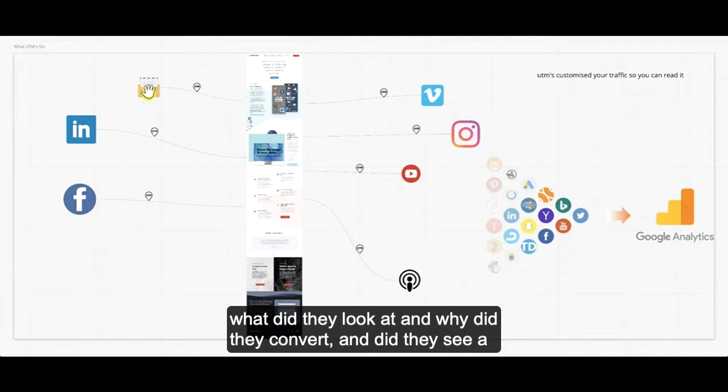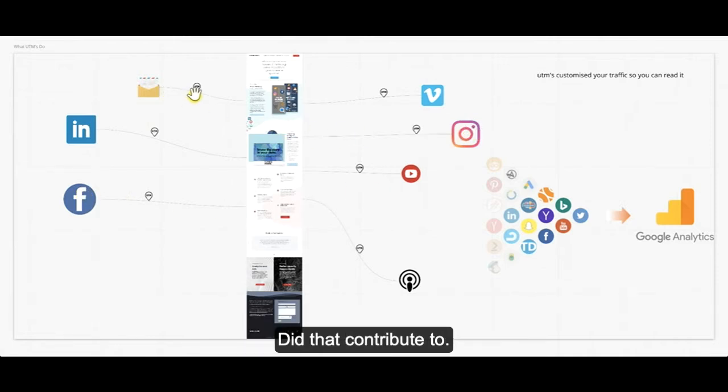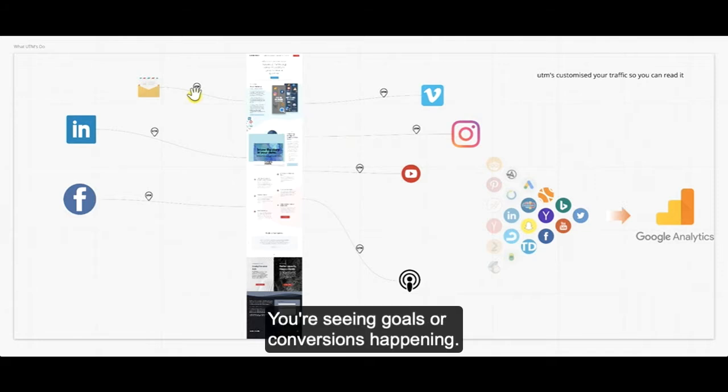What did they look at and why did they convert? And did they see a LinkedIn post or a Facebook post or an Instagram post before they converted? Did that contribute to you seeing goals or conversions happening?